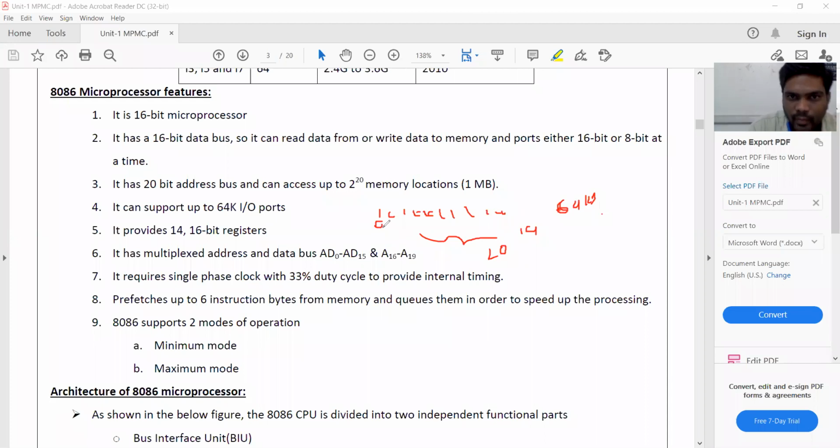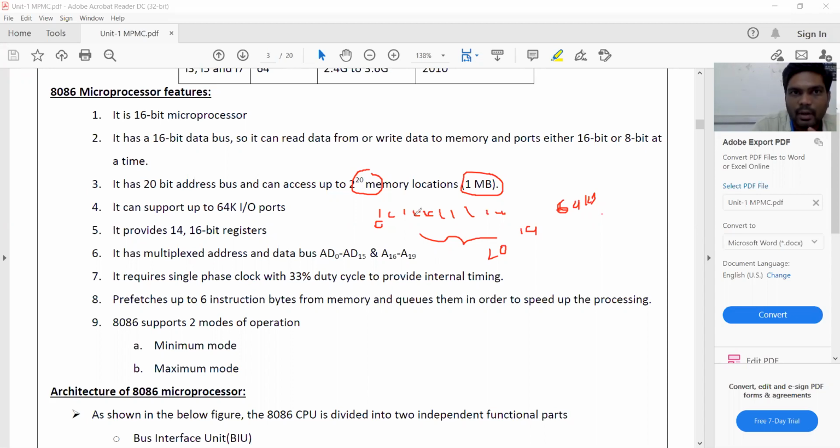So the maximum number of memory locations that this 8086 microprocessor can handle is 1 MB, so almost 2^20 memory locations. Each and every memory location will have an address.